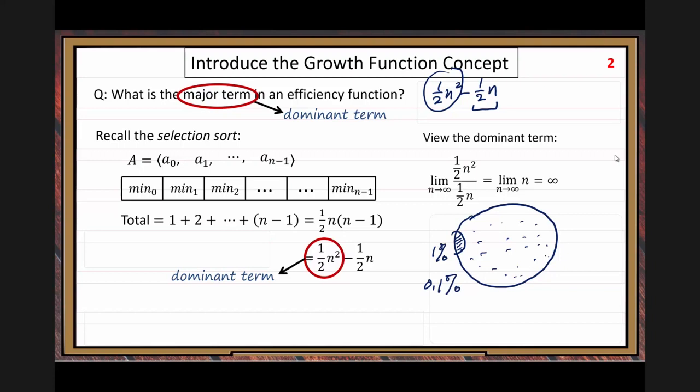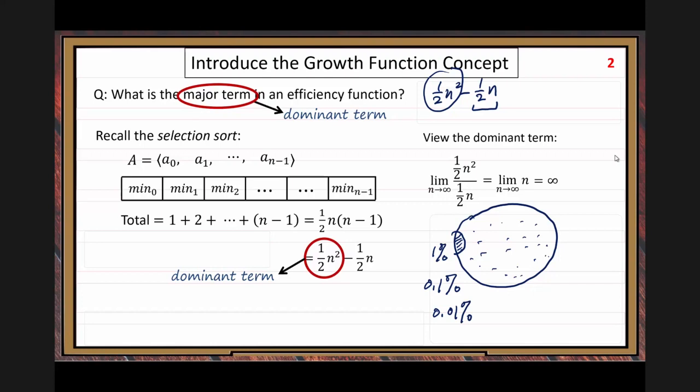Then we can make n larger and larger. When n equals 10,000, that little portion becomes 0.01%. It becomes smaller and smaller.